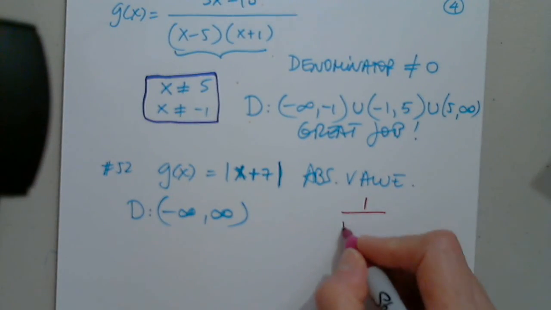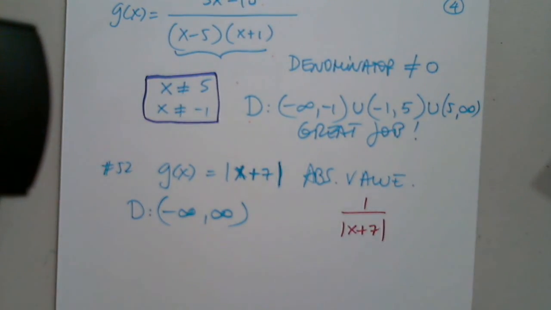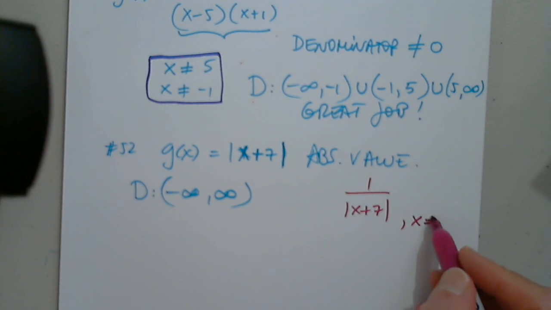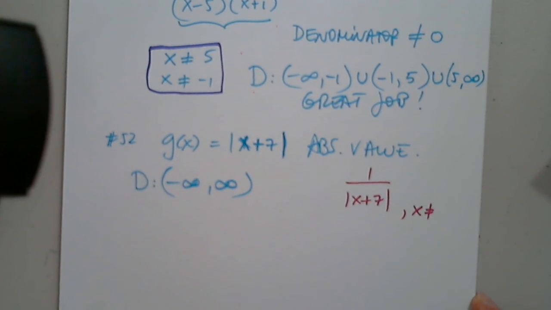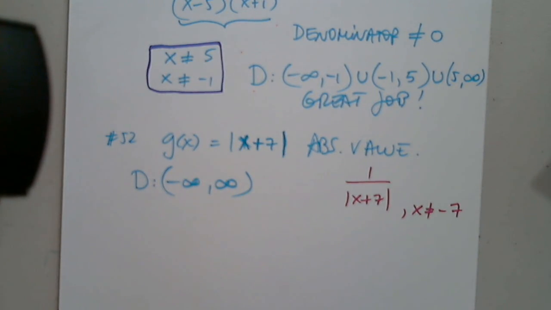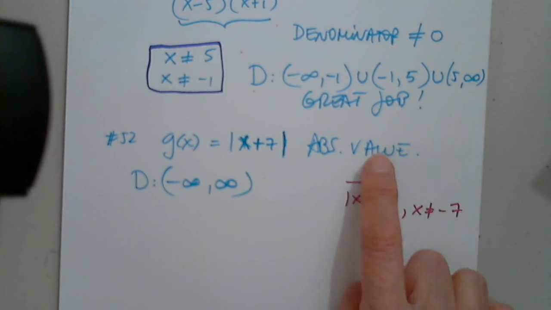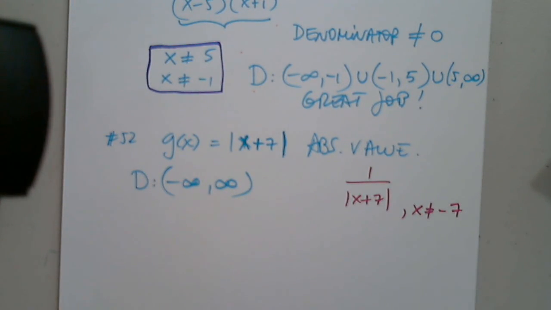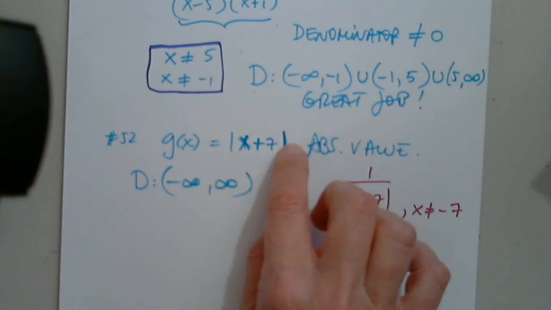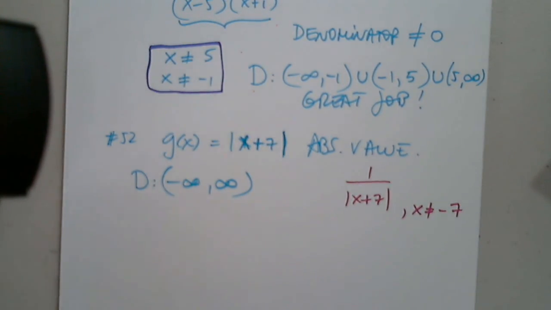However, if I have 1 over the absolute value of x plus 7, then x cannot be -7. So it depends where the absolute value is located. If it's in the denominator, then it's a combination of an absolute value and a rational function, and that's a different story. But if it's just plain absolute value, it's a friendly function.